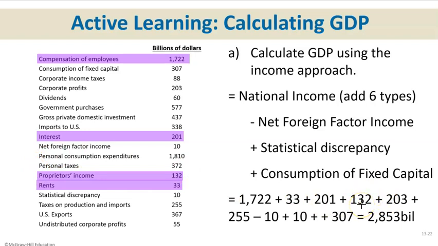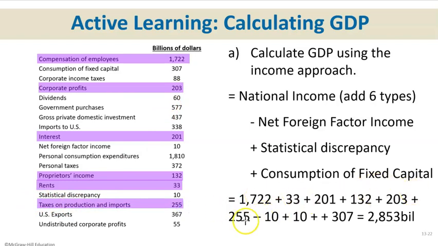The next is corporate profits, and they did give us the total corporate profits, so we can just take that one of 203. Don't worry about the corporate income taxes, the dividends, or the undistributed corporate profits. That's all included in this 203 right here. And then the sixth type of income is taxes on production and imports, the 255.